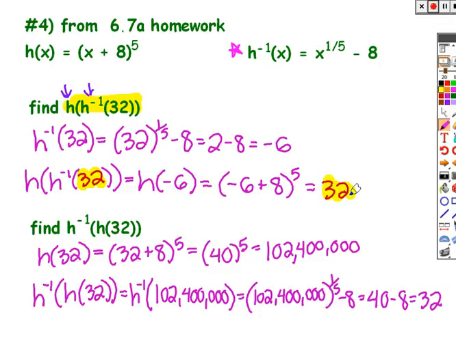So I can kind of cut all this middle work out. And if I do the reverse, if I plug 32 into my original, and then whatever comes out, I plug it into the inverse, okay, I do all this work, well, these functions just undo each other, and I'm right back where I started with 32. So now I don't really have to do all of this work in between. If I know what the inverse function means, it means I should be right back where I started.